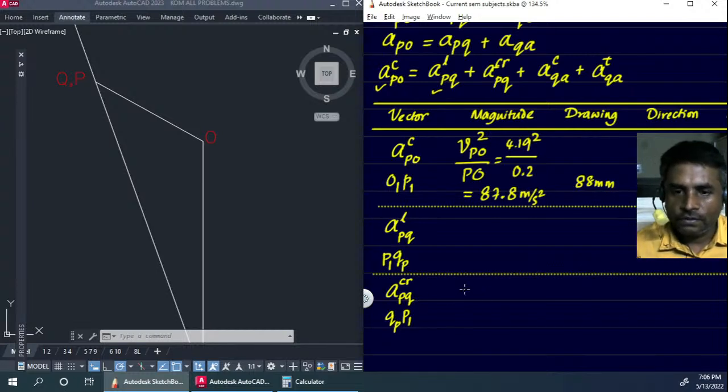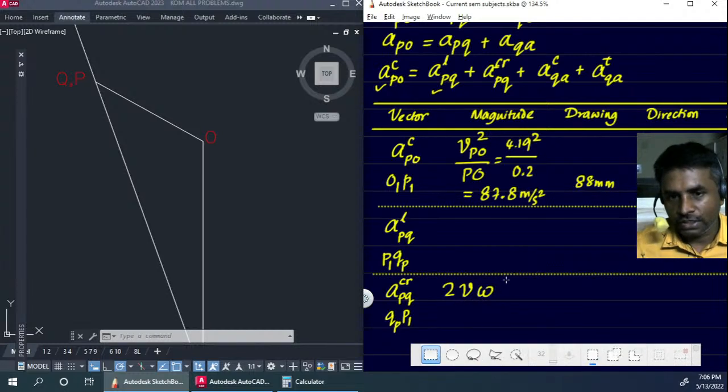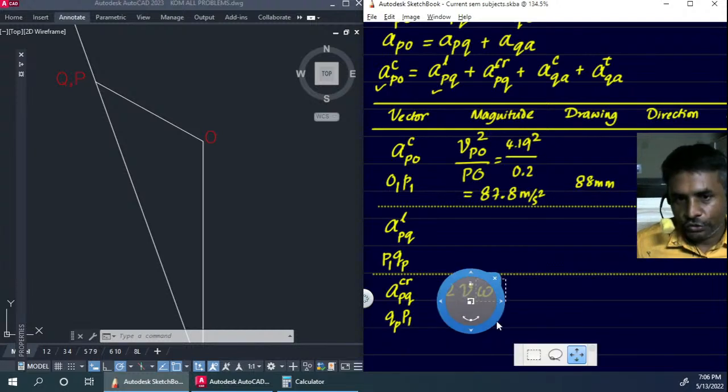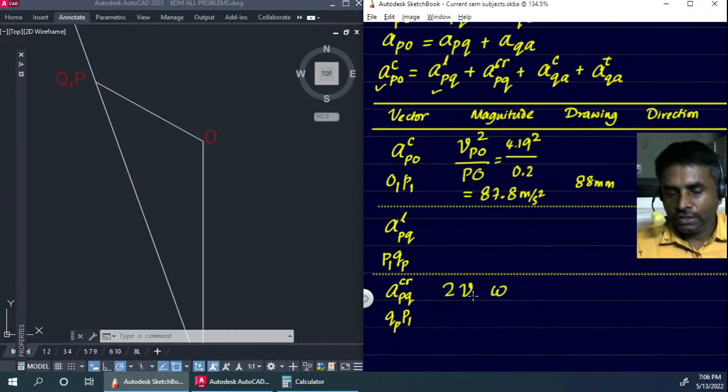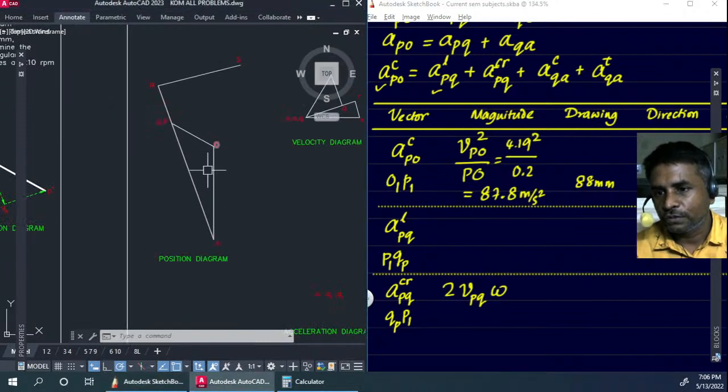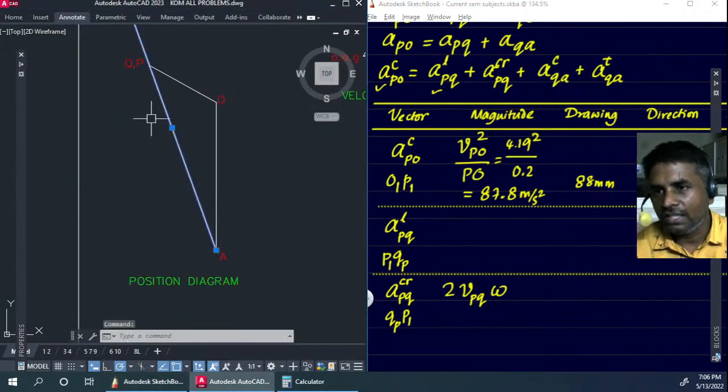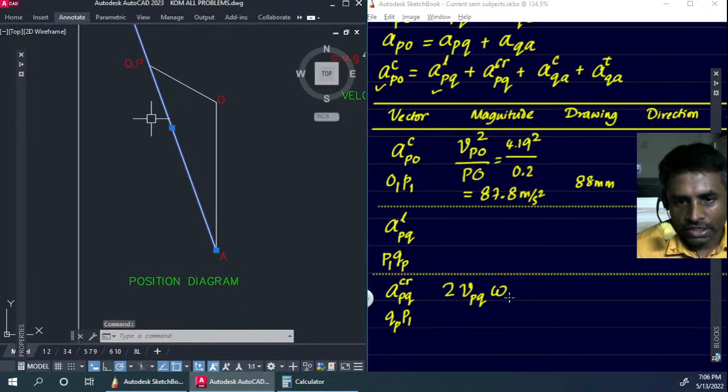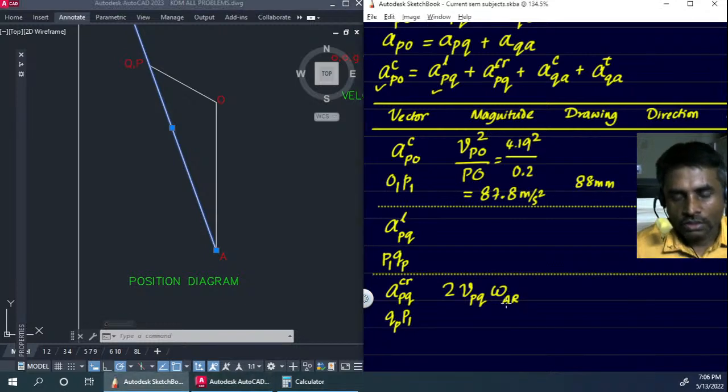We have the formula for this, that is 2 times velocity into omega. So velocity of which point do we need to take? That we need to be sure of. This has got to be the velocity of point P with respect to Q, and omega will be the angular velocity of this particular link, and that is AQ or AR. So AQ or AR, that we'll have to take.